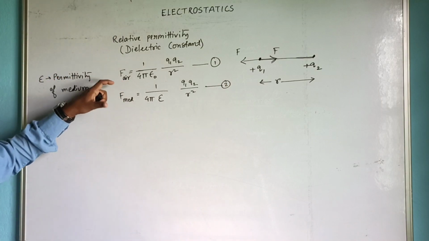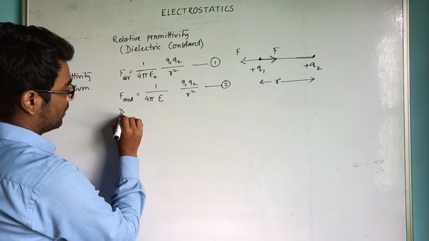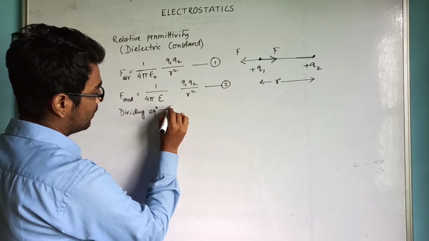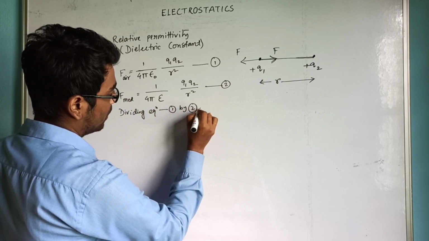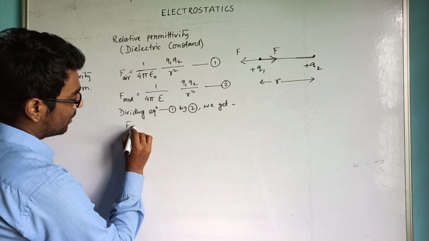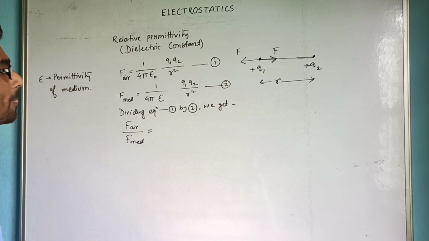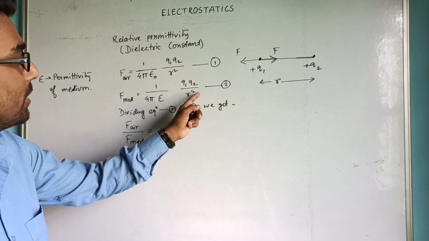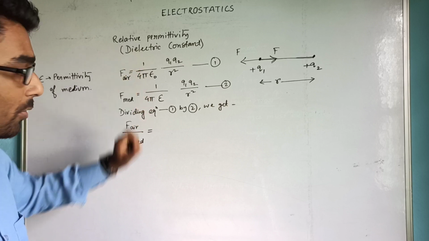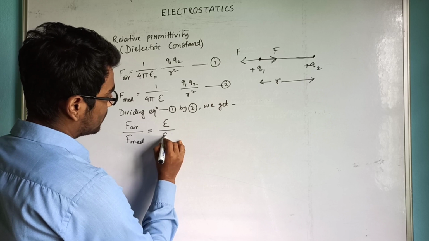Now if we divide equation 1 by equation 2, what we get is F air by F medium equals, see this part is totally equal, so it will cancel out. Similarly 1 by 4 pi will also cancel out. The remaining part will be epsilon by epsilon naught.